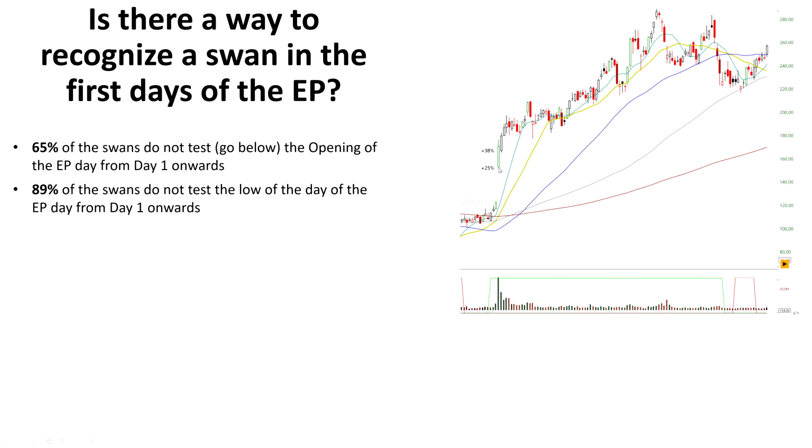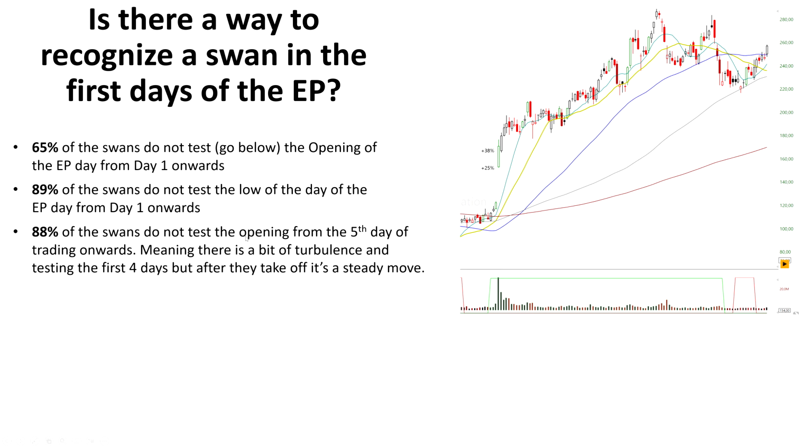Here it's a very tiny tail at the low of the day, but sometimes it's a longer tail, and 89% of them don't even come to the low of the day. So if you prefer to have the stop loss at the low of the day of the EP day, in 89% of the cases you will stay in the position and be able to keep trading as well.